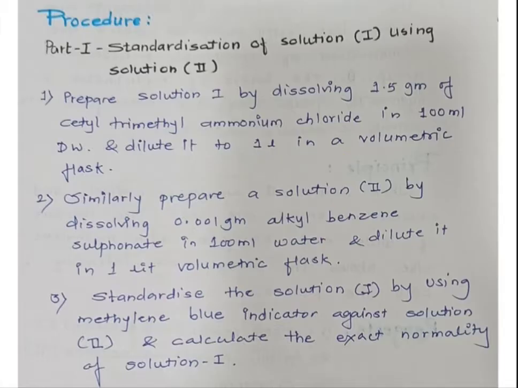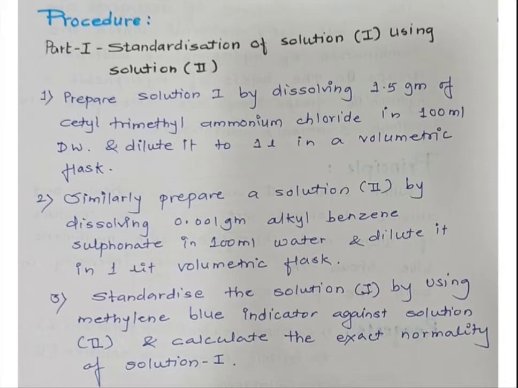As I have told, the first step is to prepare solution 1, so you have to weigh 1.5 gram cetyl trimethyl ammonium chloride, dissolve it in initially 100 ml distilled water, then dilute it to 1 liter in a volumetric flask. So this is the cationic solution or cationic reagent.